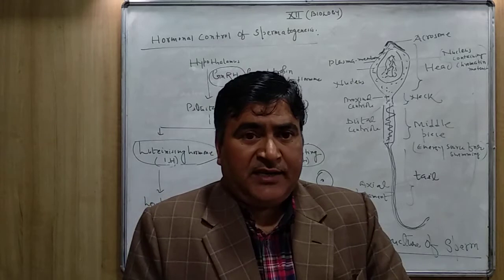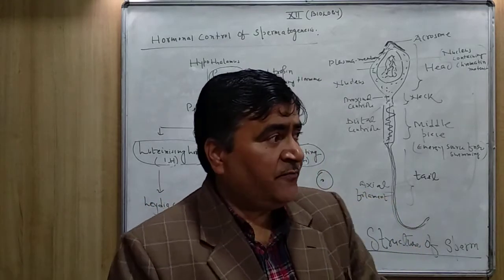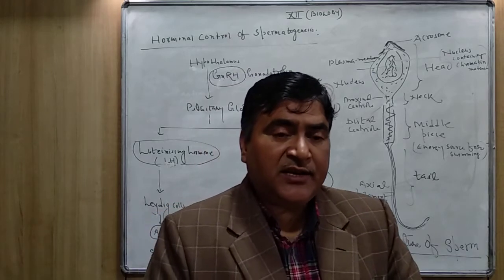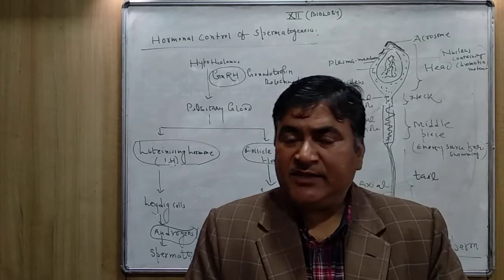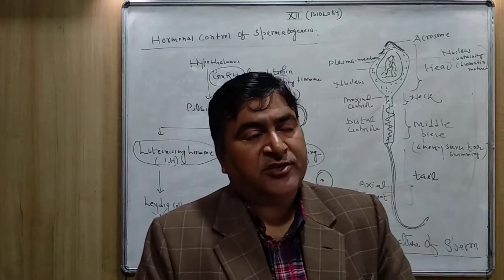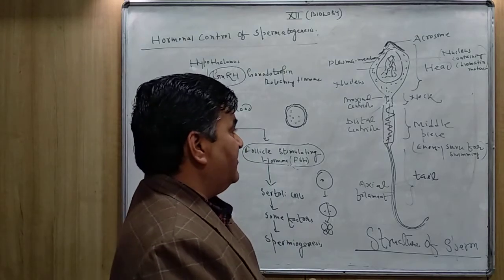The neck region, as I taught you, contains how many centrioles? 2 centrioles, proximal and distal. The proximal centriole helps in the cleavage of the zygote, and the distal centriole helps in the formation of the axial filament.